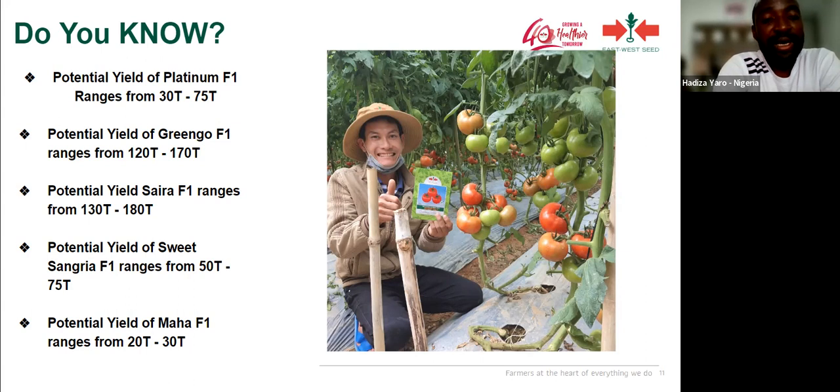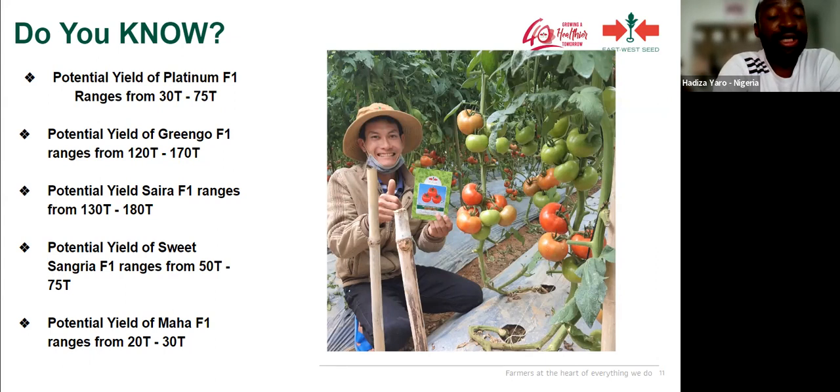Looking at this potential yield, when you have your cost of production and your revenue after your production, I can assure you under good management, under this 30 to 75 tons, your ROI can be as high as 200 to 300% from your production cost.